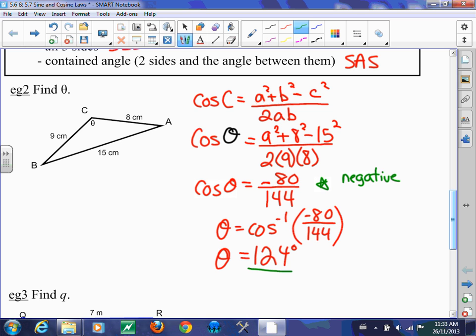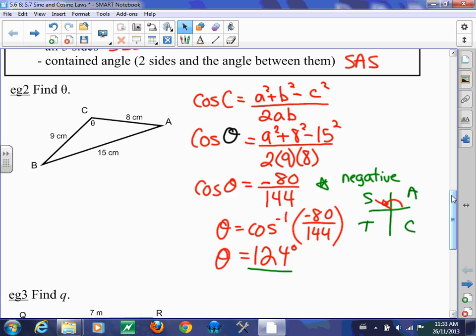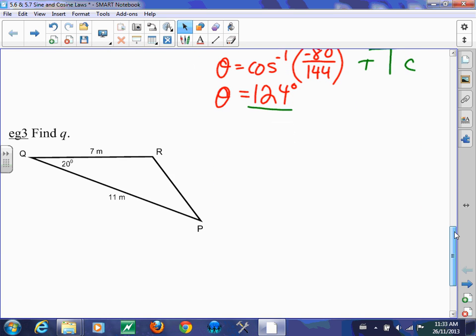In quadrant 2, where cos is negative. So that's just a quick double check to make sure you're applying the CAST rule. So just let me write that out. We had an angle of 124, so that's here. And in that quadrant, it's negative, so that is why our ratio is negative for that case. Just another tying in our CAST rule.